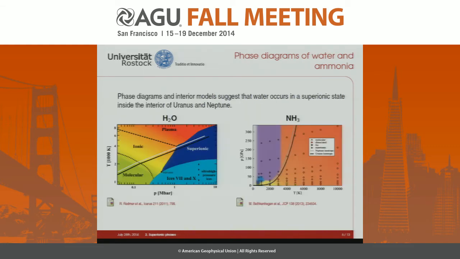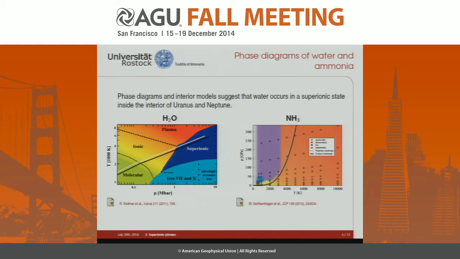So what is the current status of the research on water and ammonia? We saw this viewgraph for water in the previous talk, and also the ammonia one. What is interesting is that if you look at the isentropes of Uranus and Neptune, for the water case they clearly go through the superionic phase, while in the ammonia case they just scratch the superionic phase.